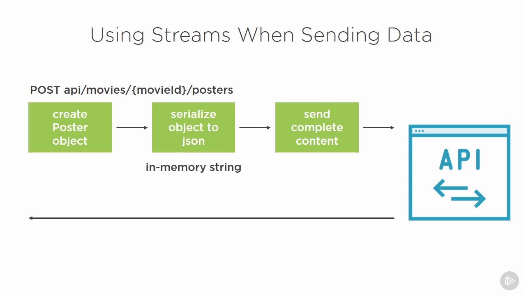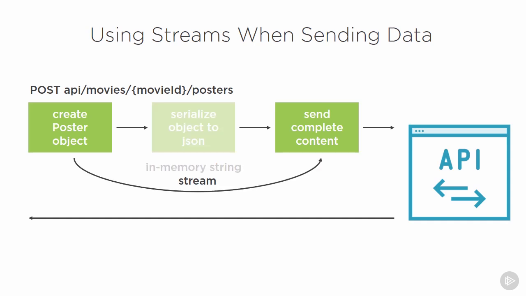As you can guess, instead of serializing to a JSON string, we can use a stream to skip that step, which again avoids using the in-memory string. And we can also use a stream to send content over the wire instead of sending it all at once by using stream content instead of string content. Let's see how that works in a demo.